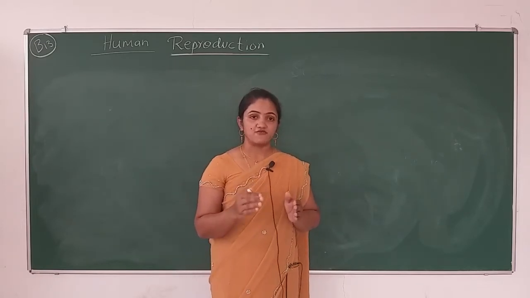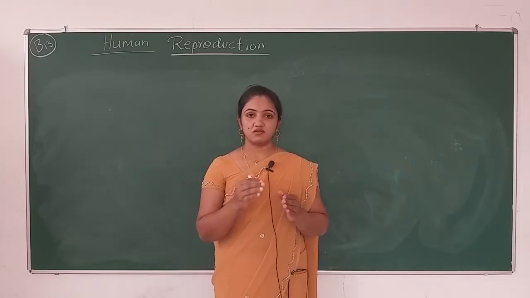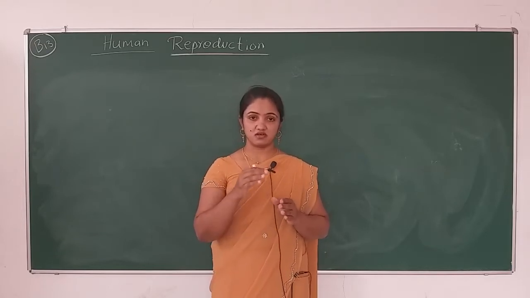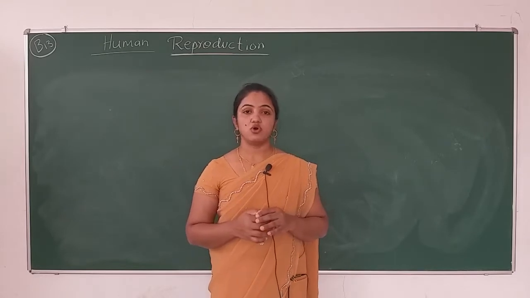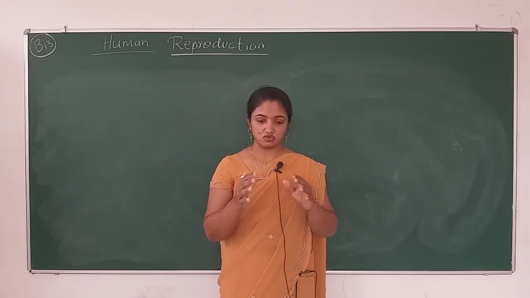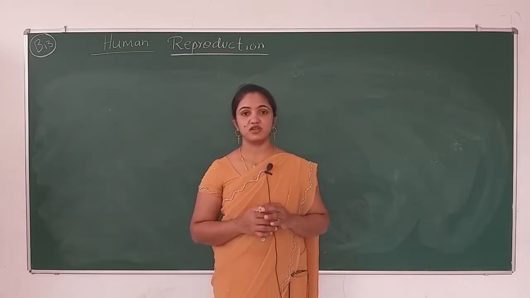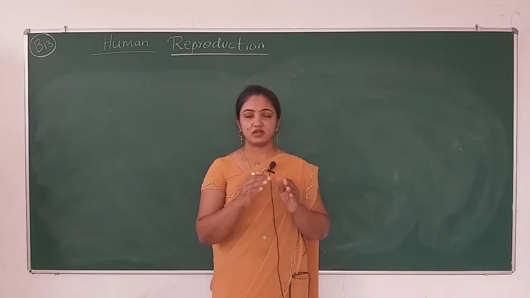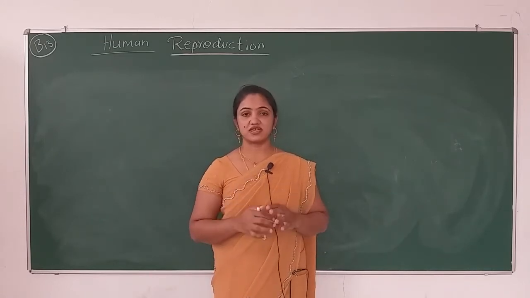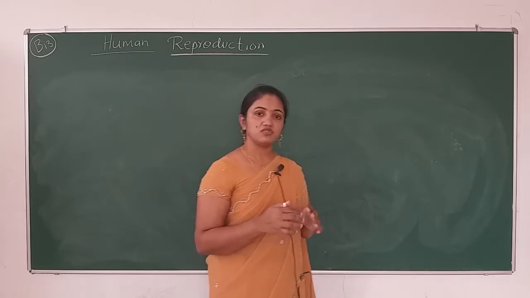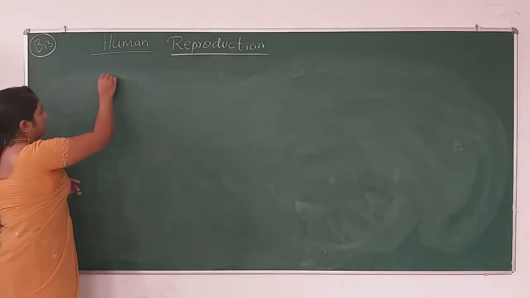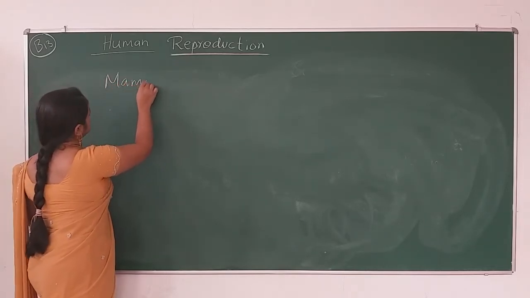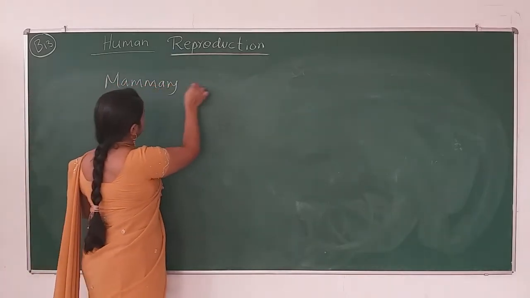After parturition, after giving birth to the young one, it also nourishes the young one. Based on that nourishment, we will learn some structures related to how the young ones get nourished by the mother. That is by means of the mammary gland.